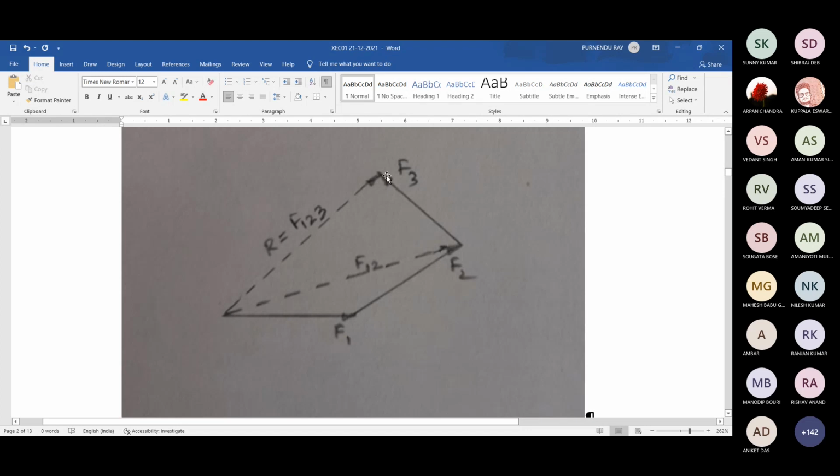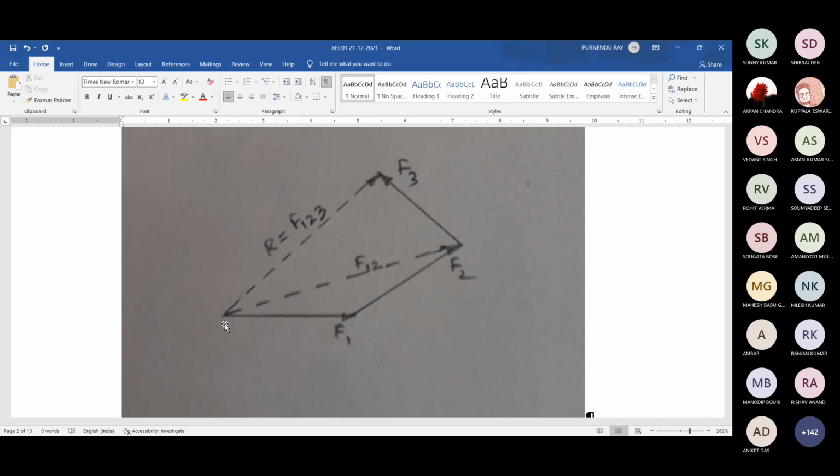When F1, F2, F3, F4, all four free vectors are joined one after the other, in that case it is equilibrium. There is no resultant. It is 0. Now, that is one criterion for equilibrium. The other criterion is also there.